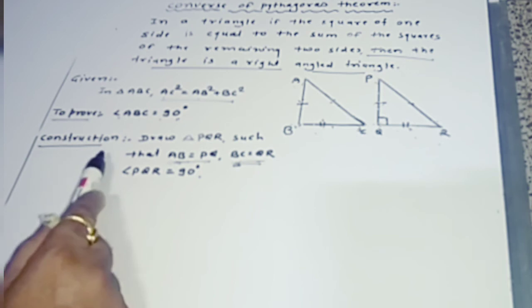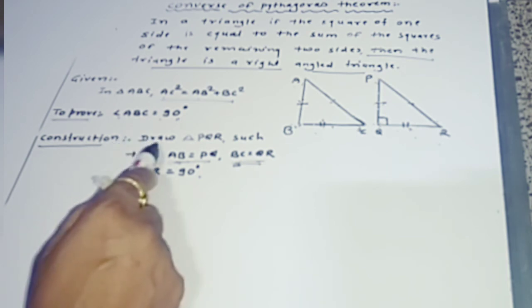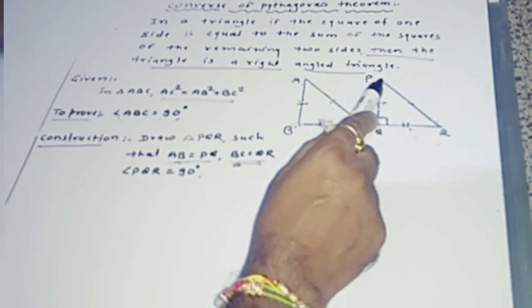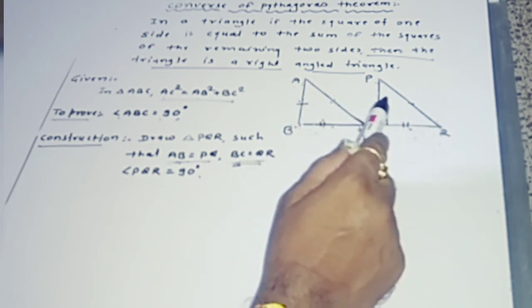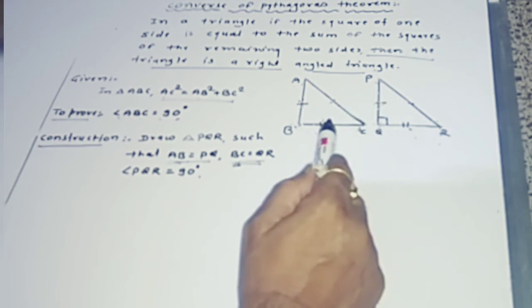To prove this, we can make some construction. Draw a triangle PQR such that AB is equal to PQ, BC is equal to QR.